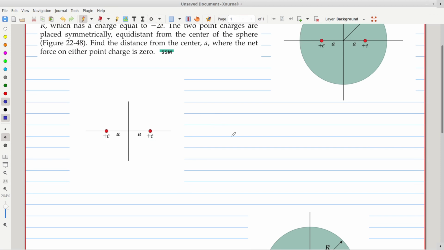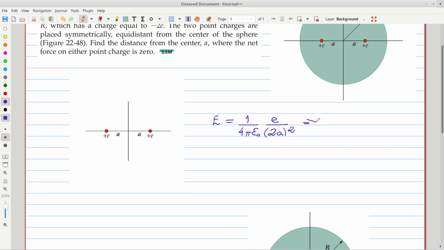We will have E, the electric field, equals 1 divided by 4 pi epsilon 0, the charge divided by the distance 2a squared.